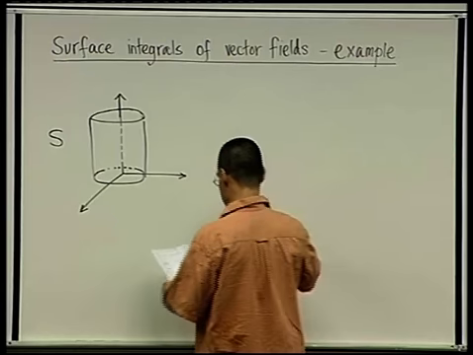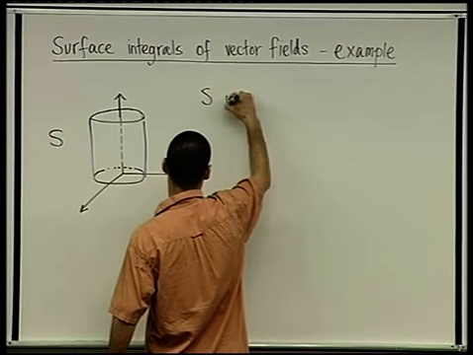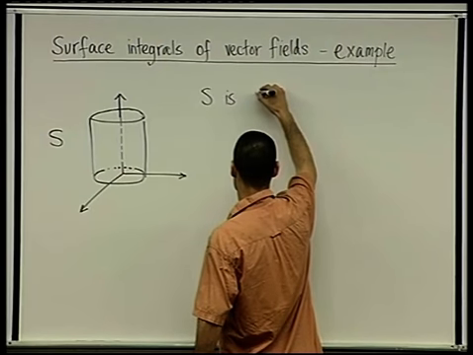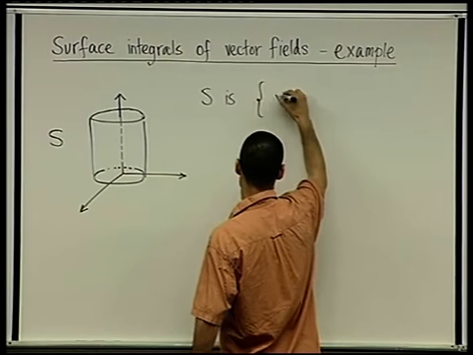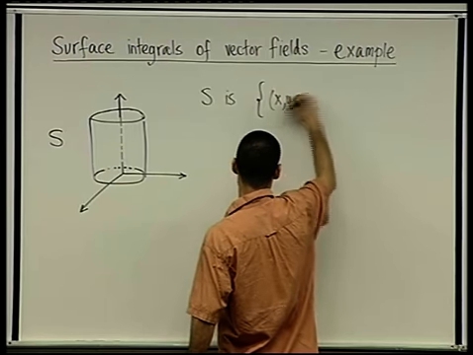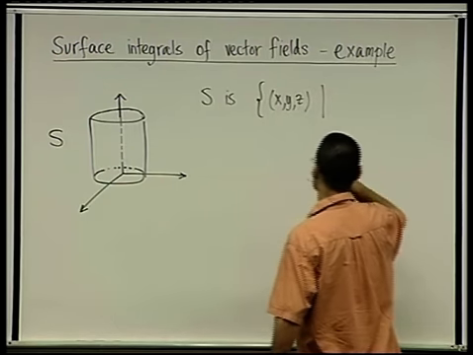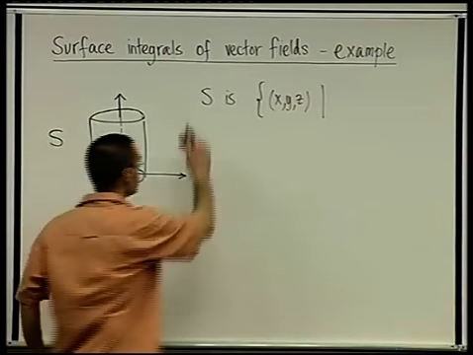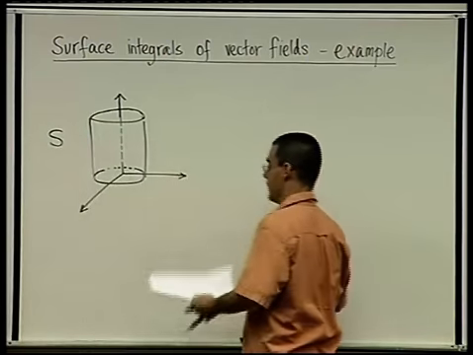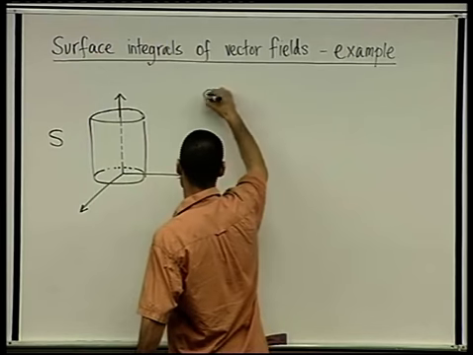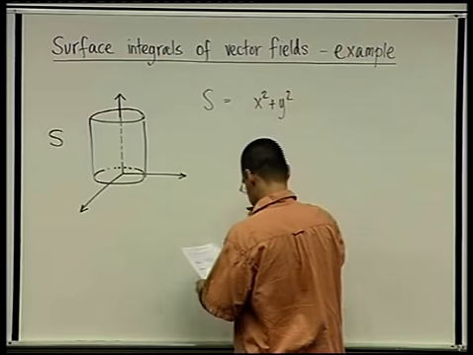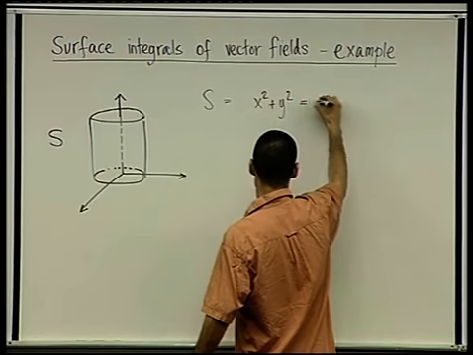It can be expressed as, so S is, x squared plus y squared equals 4.